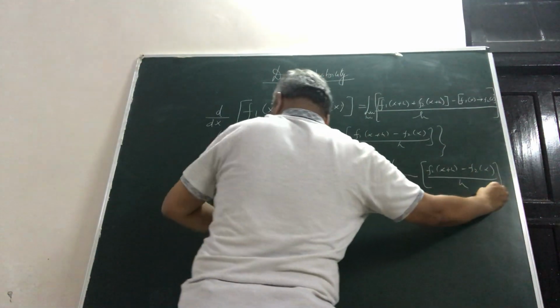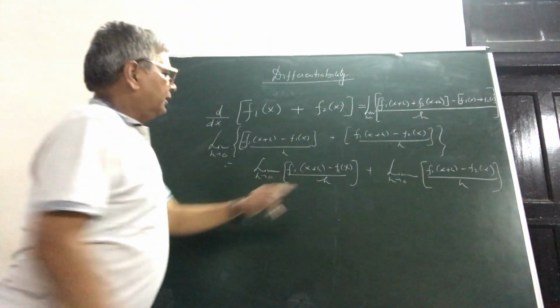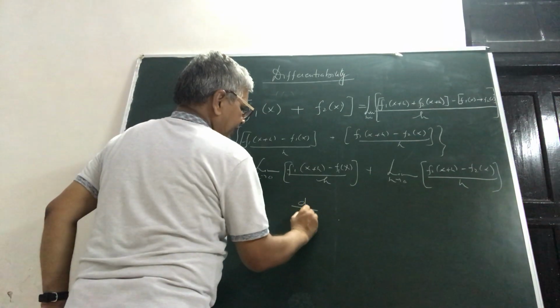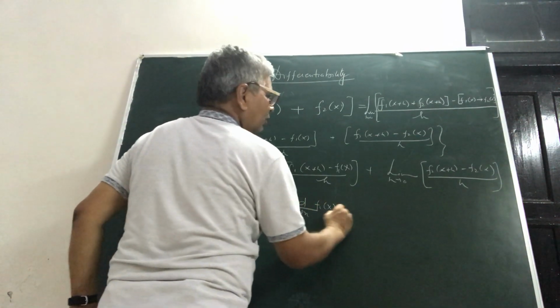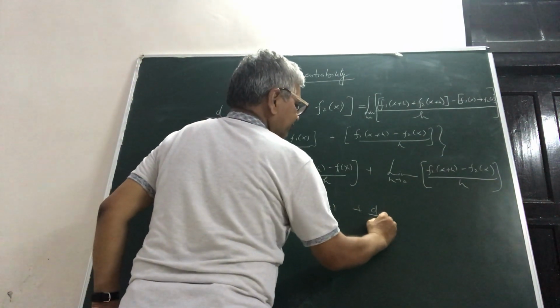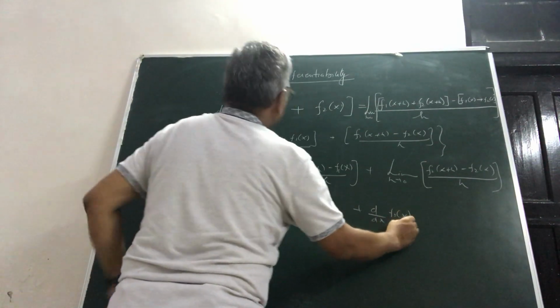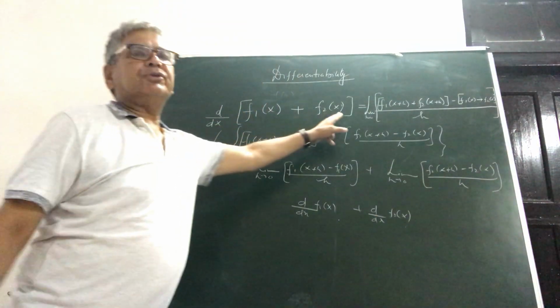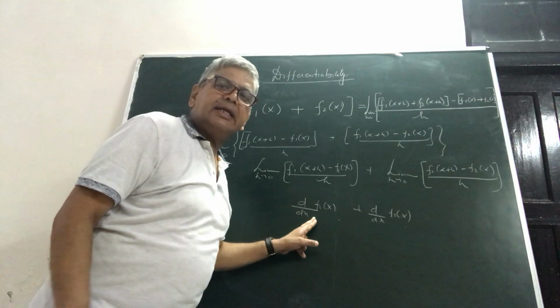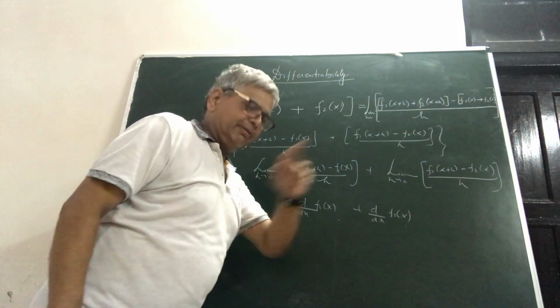And this is d by dx of f1(x), and this is d by dx of f2(x). So this is how you have shown that the derivative of the sum of two functions is equal to the sum of their individual derivatives.